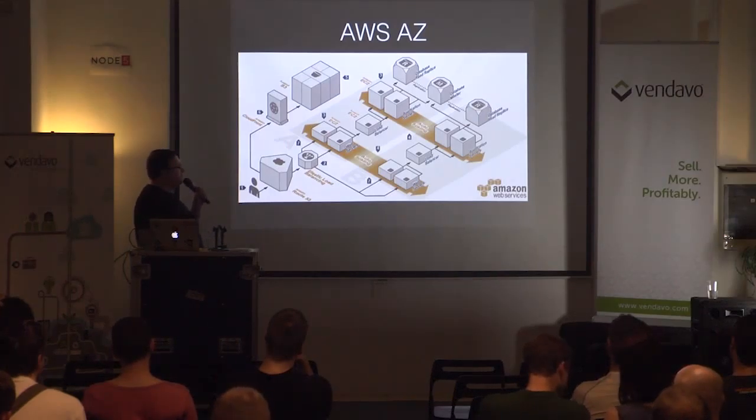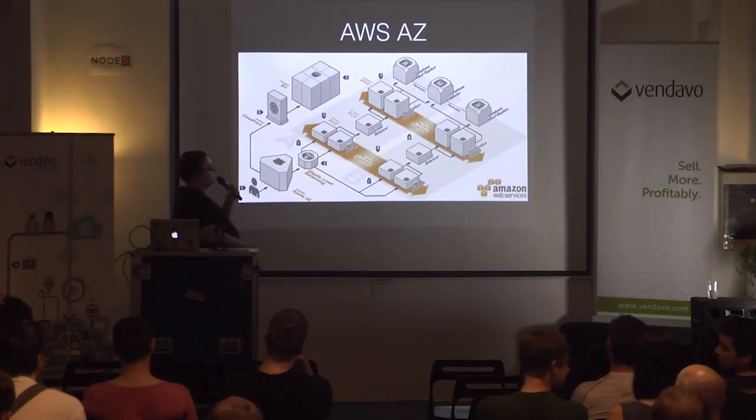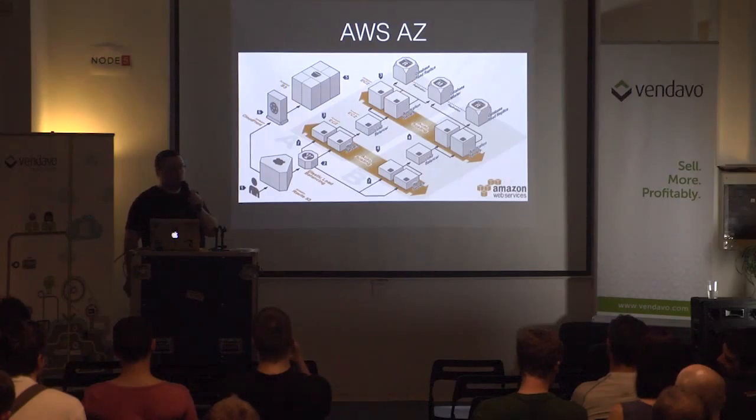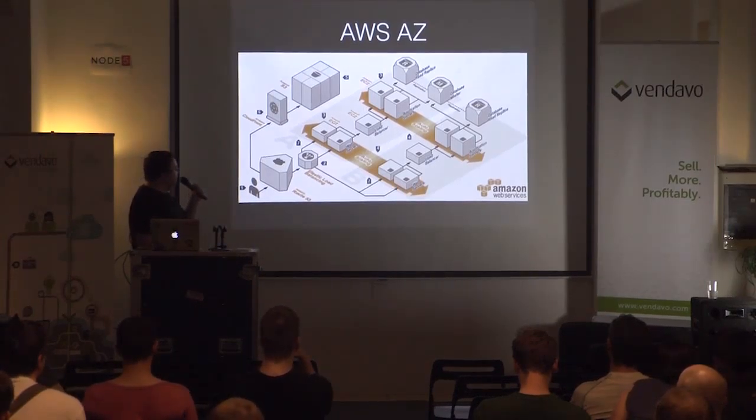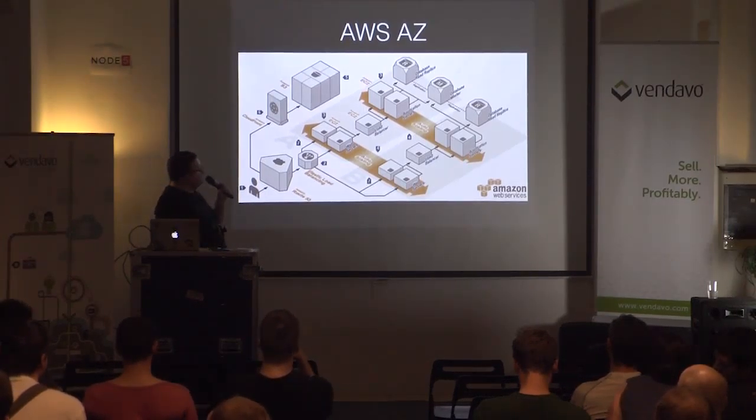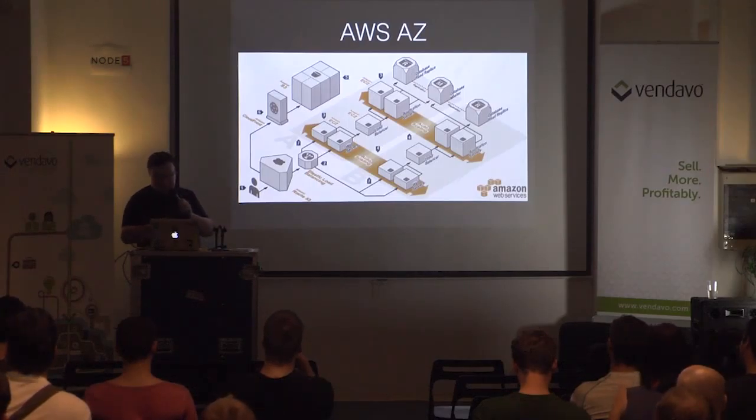It's a cool feature that availability zones have very low ping, about 2 or 5 milliseconds, and that is quite useful if you want auto scaling and a more reliable system.